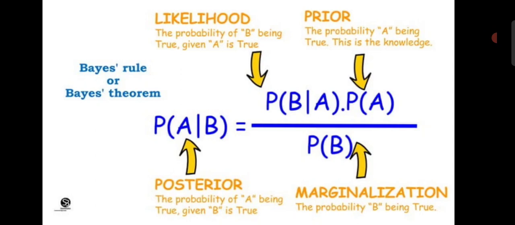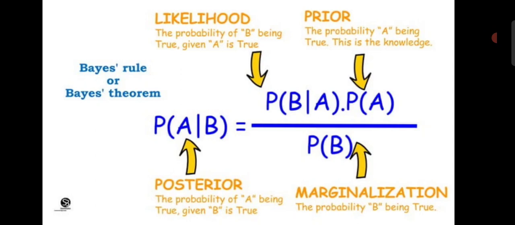On the right-hand side, the first element P(B|A) is the likelihood, the probability of B being true given A is true.